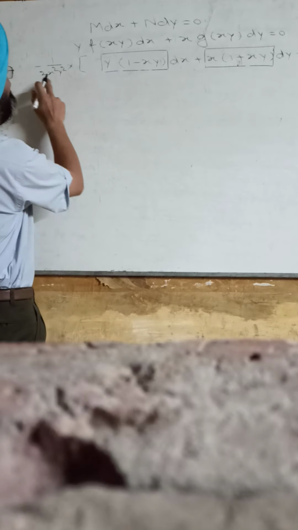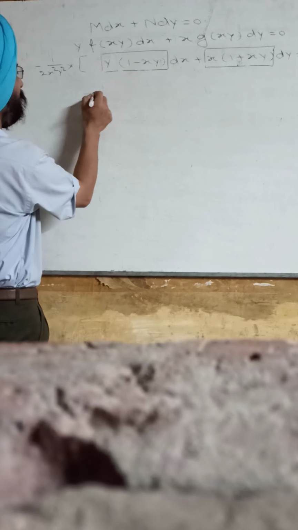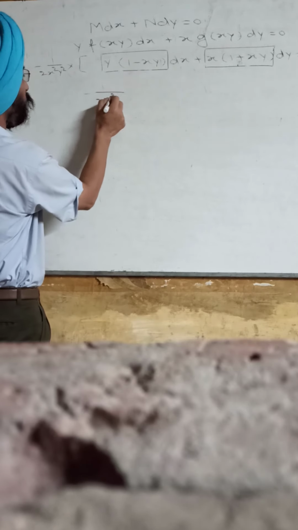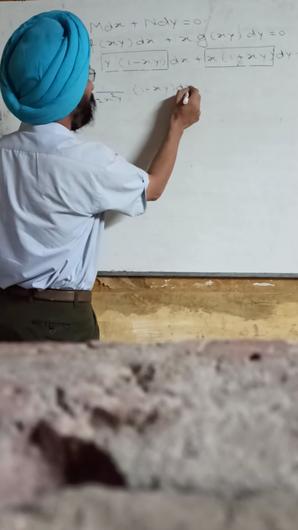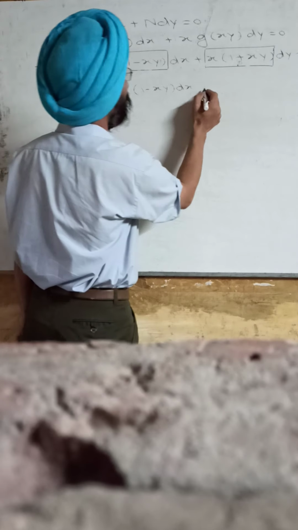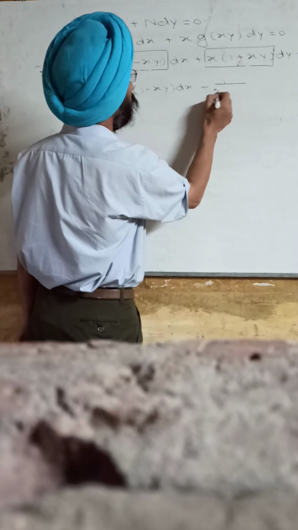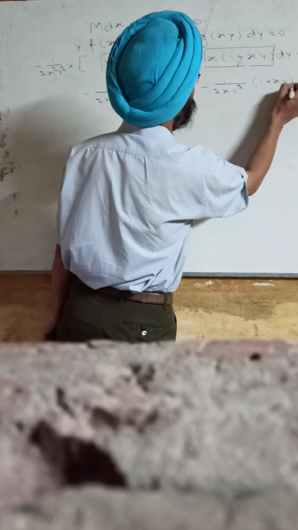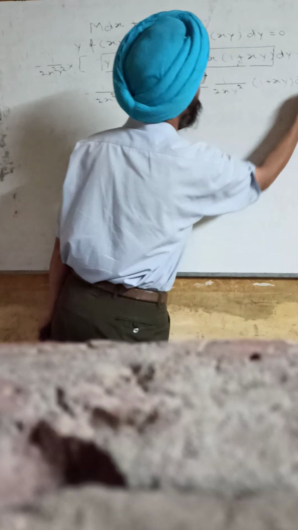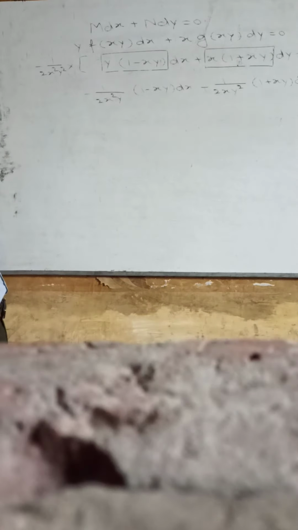You will have outside minus 1 upon 2x square y, (1 minus xy) dx, and here you will get minus 1 upon 2xy square, (1 plus xy) dy is equal to 0.